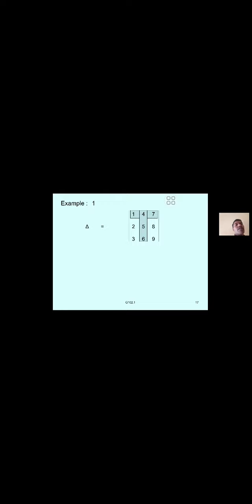After removing the row and column of 4, the remaining elements are 2, 8, 3, 9. So the minor of 4 equals the determinant of 2, 8, 3, 9.